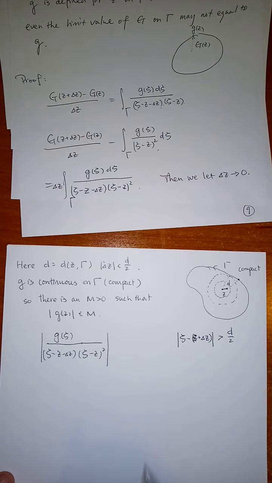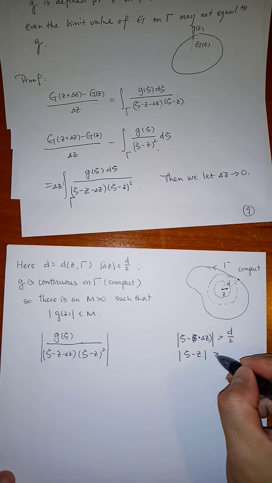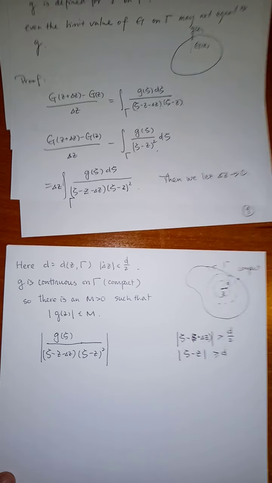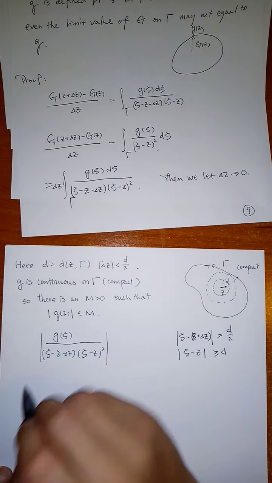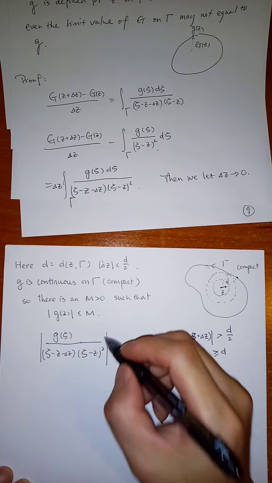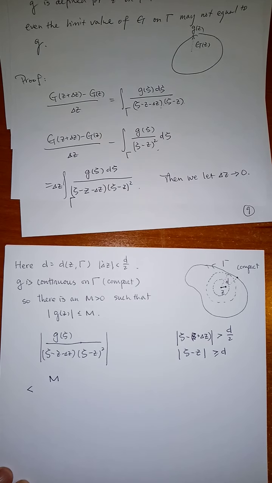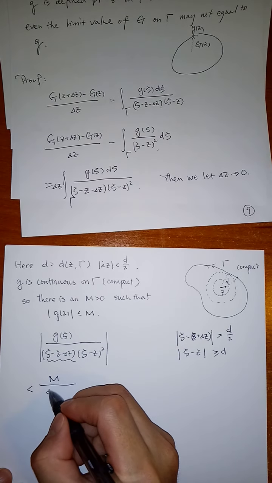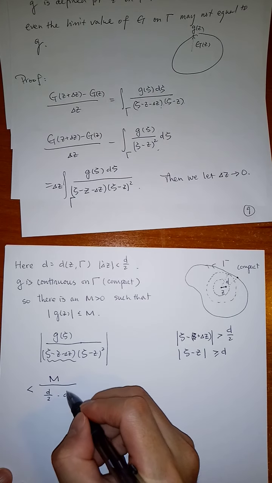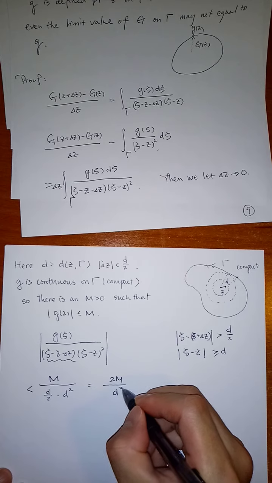This distance is greater than 1/2 d. And psi minus z, the distance is greater than or equal to d. So they're both in the denominator, so it's less than or equal to g of psi, which is less than or equal to M. And this is less than or equal to d over 2, this is less than or equal to d squared, so it's 2M over d cubed.